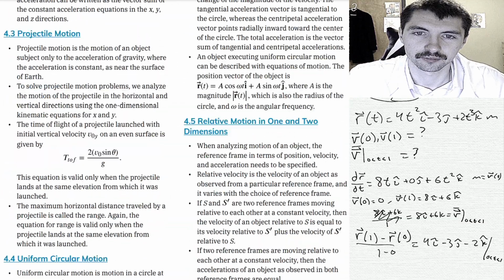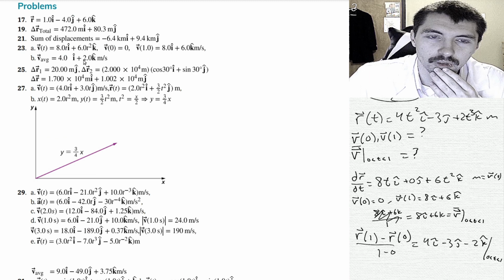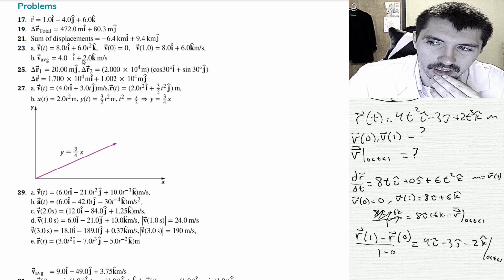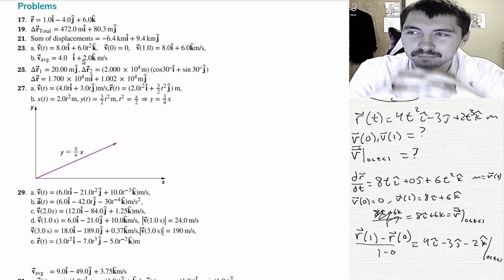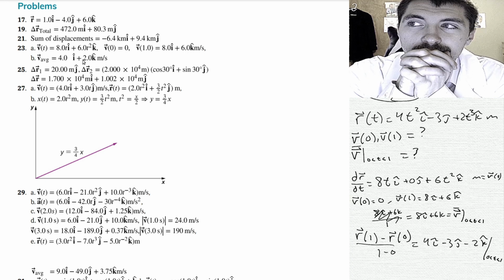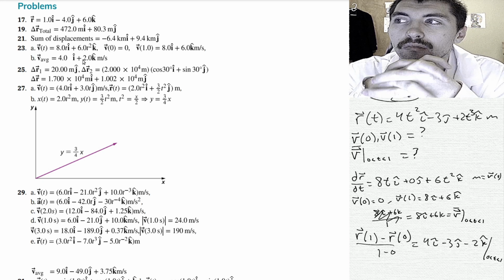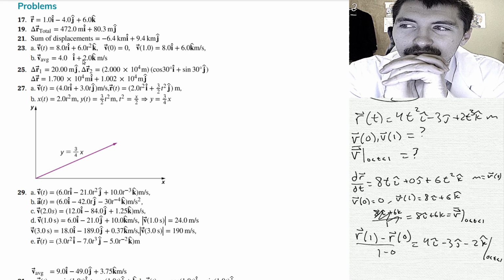Okay. 4i plus 2k. But they're still dropping off the j. I feel like the book made a mistake here.